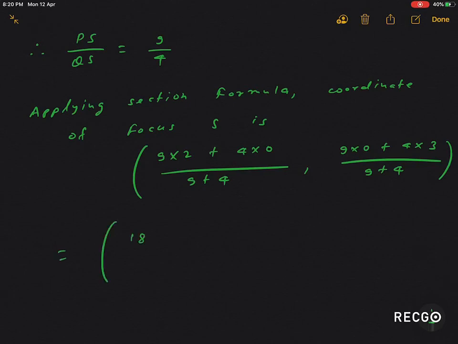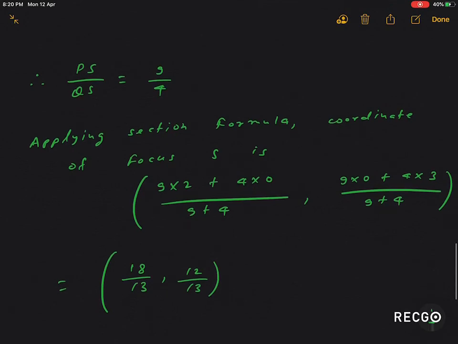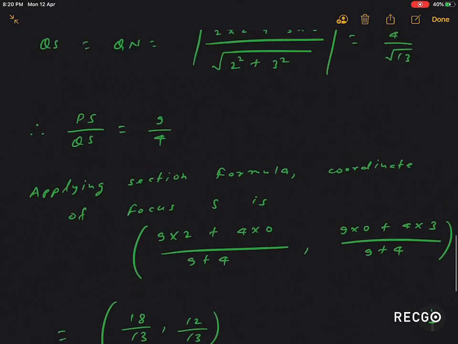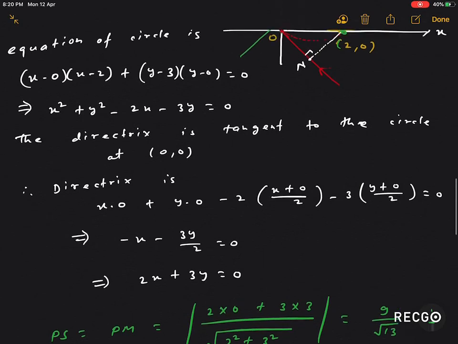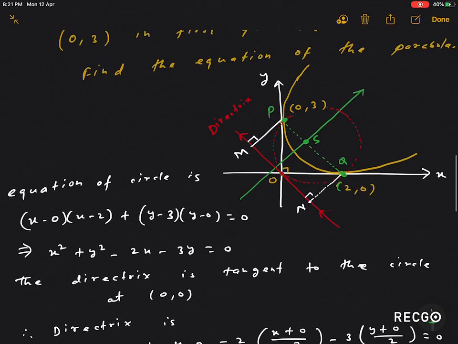So 9 into 2 plus 4 into 0 divided by 9 plus 4, and again 9 into 0 plus 4 into 3 divided by 9 plus 4. So finally we are getting the coordinate of focus as 18 by 13 and 12 by 13. Y coordinate is 12 by 13.